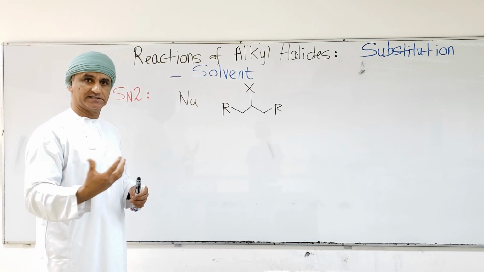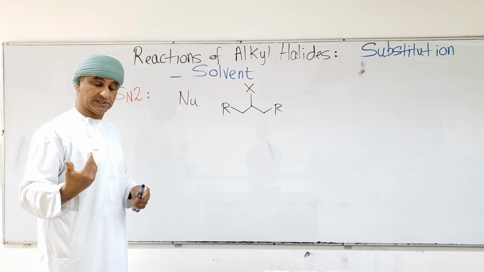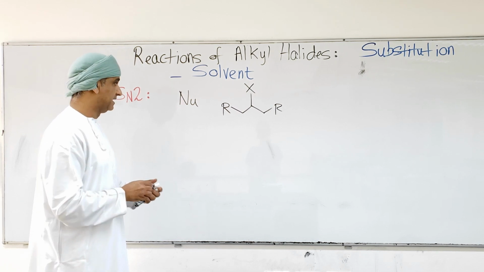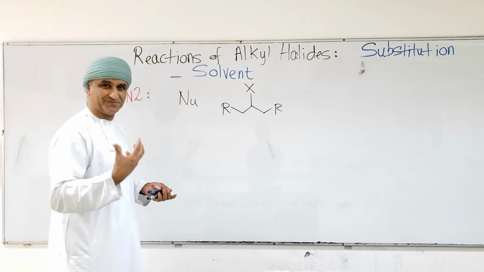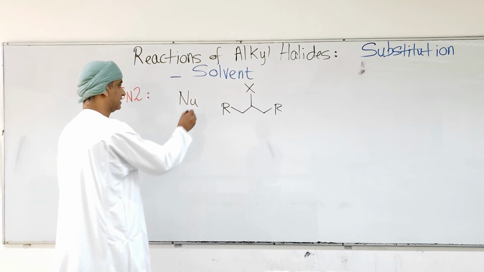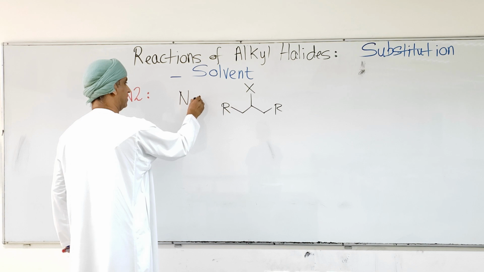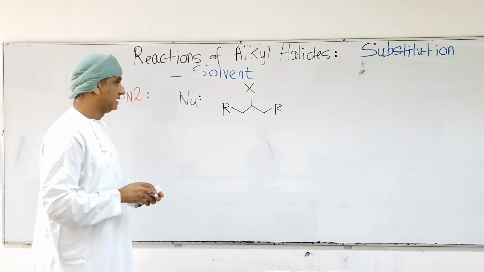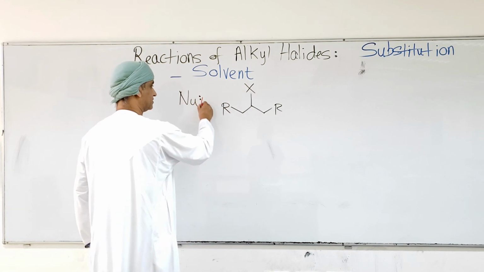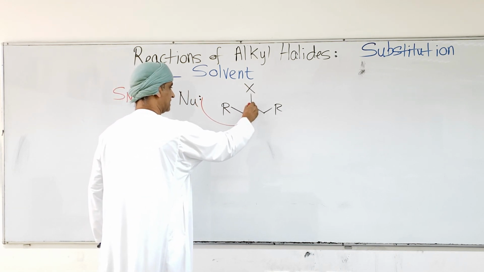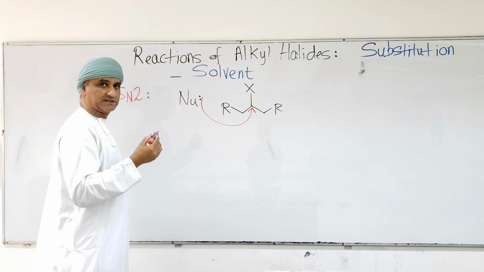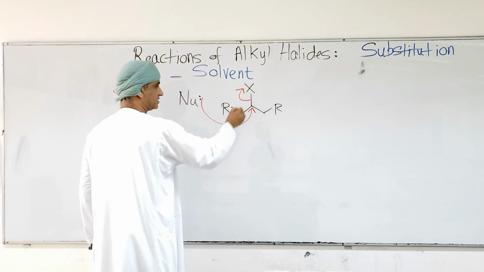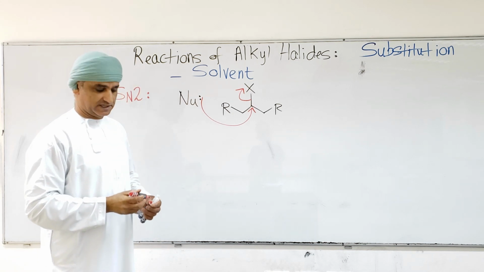Halides are good leaving groups, as we discussed before when we talked about leaving group ability. The nucleophile must always have a lone pair to be able to function as a nucleophile. So the nucleophile is going to attack this electrophilic carbon, which is electrophilic due to inductive effect, and simultaneous departure of the leaving group takes place.